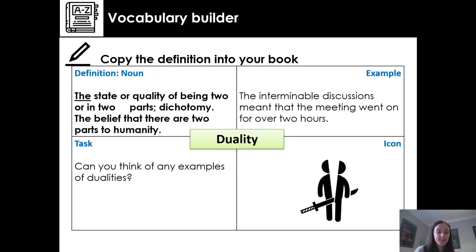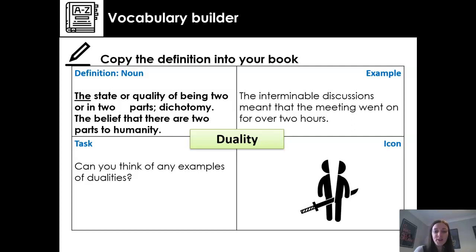Let's finish this lesson then with an exploration of that term. So copy the definition into your books. Duality refers to the state or quality of being in two. So having two parts, a dichotomy. So there is the belief that there are two parts to humanity, good and bad, evil.